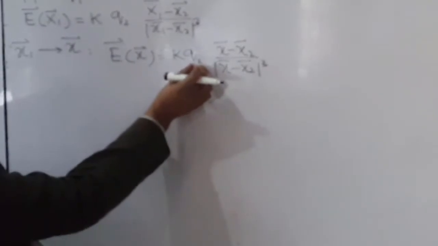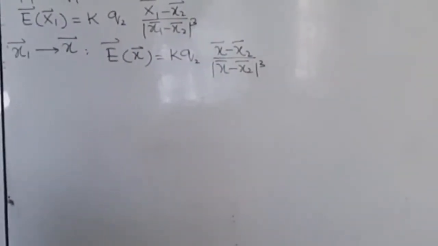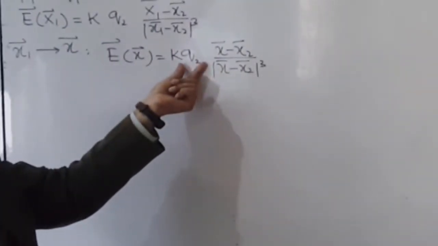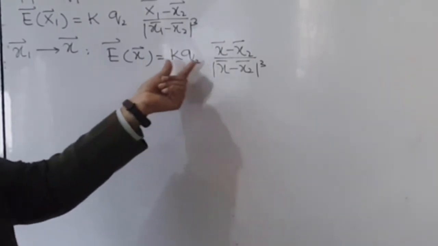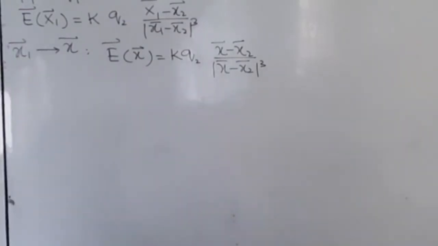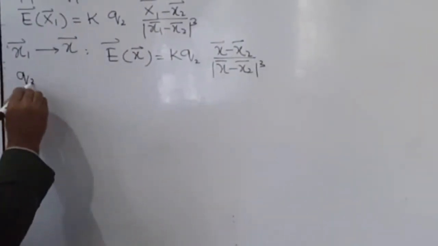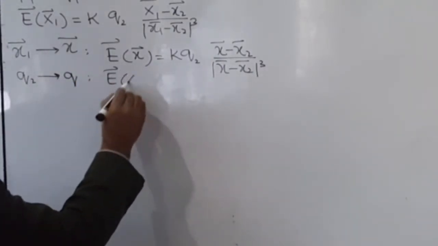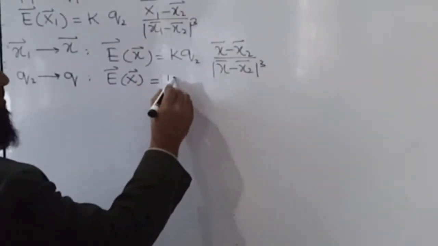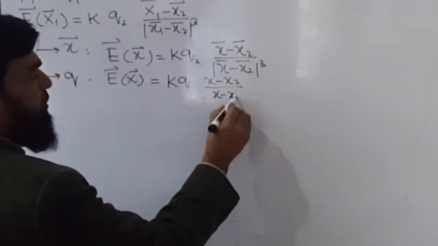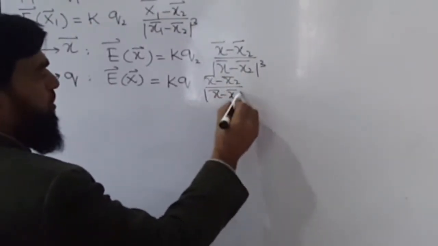Then we said that the field is actually due to charge Q2. Now if I get rid of Q1 and Q2 and just write Q as the source charge, then this will be the field of that charge. So for any charge, this Q2 I can write as Q. Then the electric field at any distance x will be k Q (x minus x2) divided by |x minus x2| whole cube.